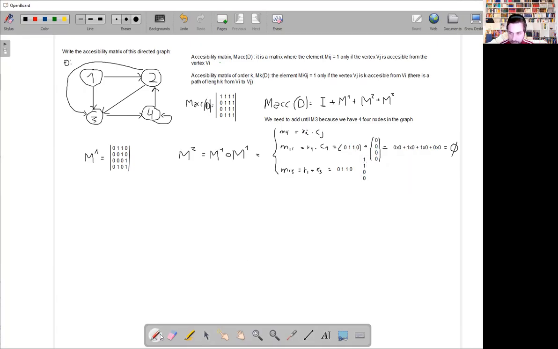Okay, something like this. So if we multiply these values, let's see what we get.